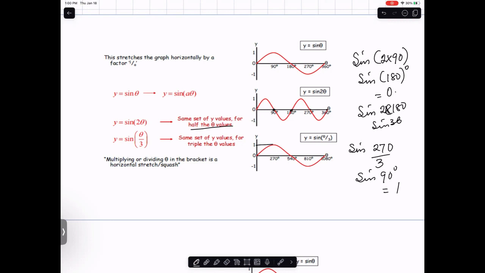This is how to transform your graphs by dividing theta by 3. You still have the same values for y, unlike multiplying the sine. So for y equals sine 2 theta, our y value still remains the same. Or when y equals sine theta divided by 3, our y value remains the same. So take note of this transformation of your trigonometric graphs.